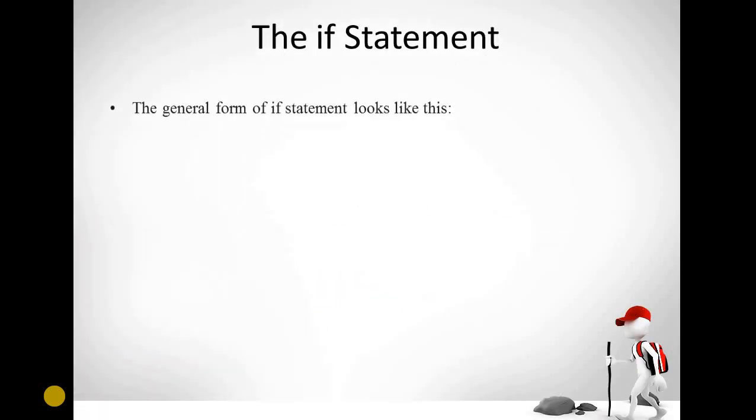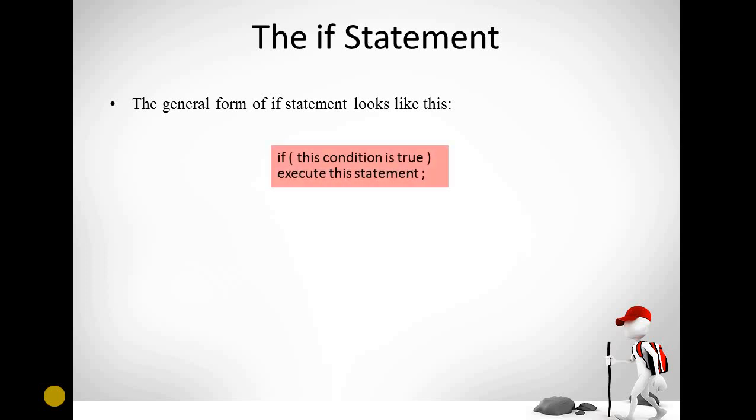The general form of the if statement looks like this. There is one keyword, if, and after that there is a pair of parentheses. In this we have written a condition. What does it mean? If this condition is true, then execute the statement below.